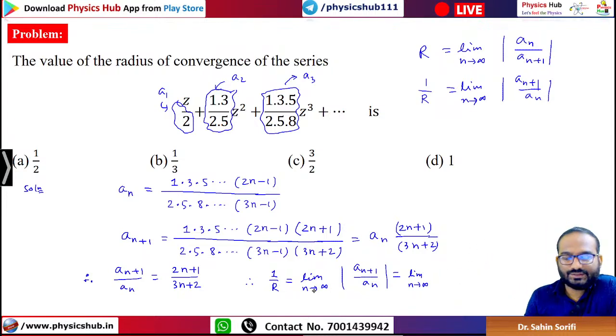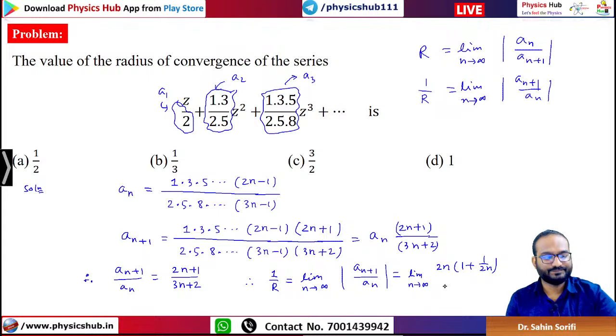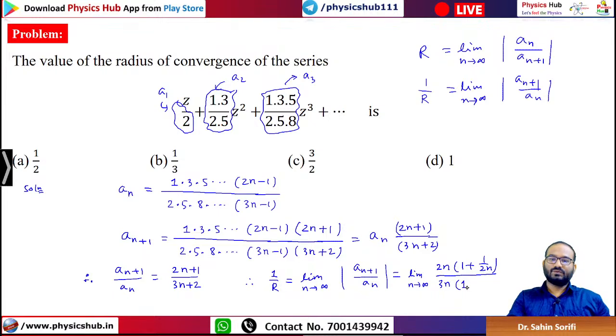We have to put n tends to infinity. So if you take 2n common, we get 1 plus 1 by 2n, and if you take 3n common, you get 1 plus 2 by 3n.